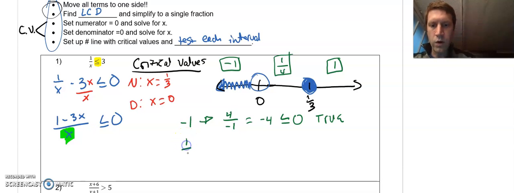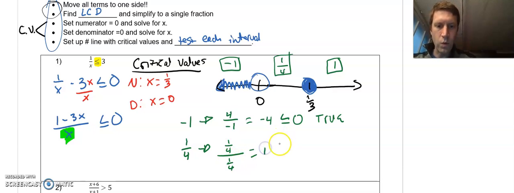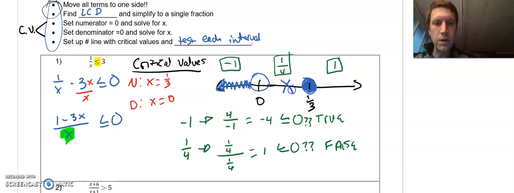Now let's try 1/4. That's going to give me 1 minus 3/4, which is 1/4, over 1/4. Well, that's equal to 1. Is that less than or equal to 0? That is not. So this area in the middle is not included in my solution set.